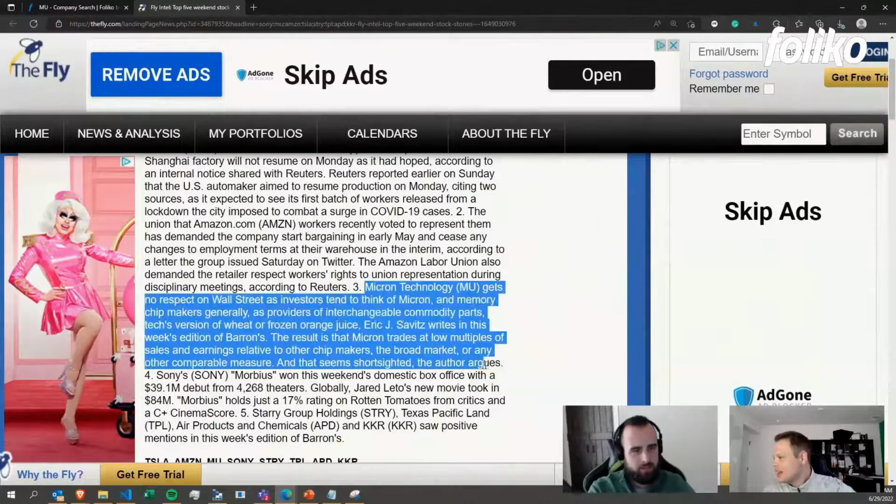This article is basically saying, why does Micron deserve anything good on the valuation side? They're basically a commodity. They make chips. Yeah, sure, they do a good job at it, but those chips are pretty interchangeable from anyone else making the same exact chips. So there's nothing really particular or special about what it is they're making. This is obviously a negative thing.